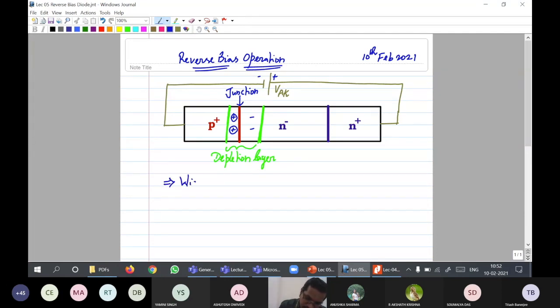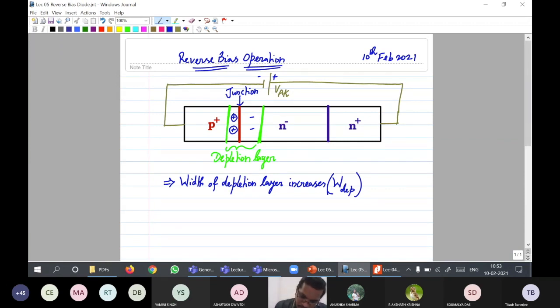The width of the depletion layer increases, or you can understand that the depletion layer increases in thickness. Both are actually the same. We represented it, I think, as WDP, the width of the depletion layer. Just a notation for our understanding, that's all.